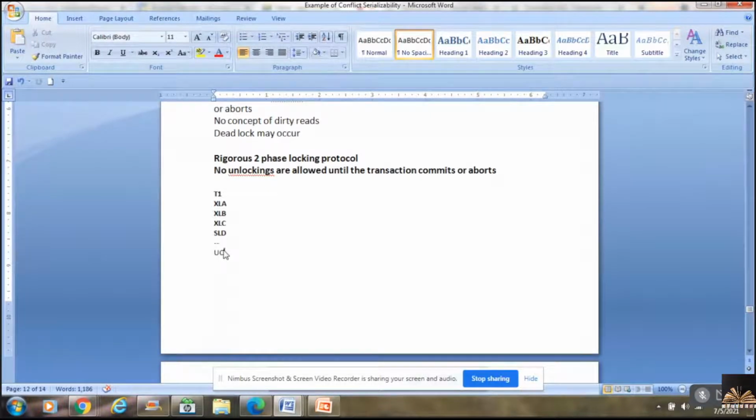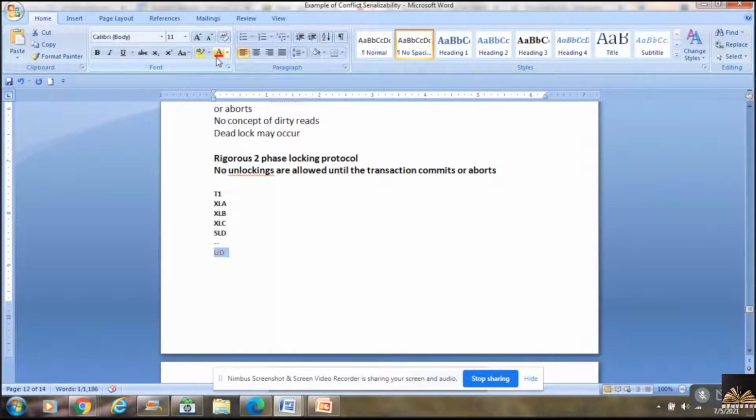So I have unlocked C, but I haven't unlocked D, and I haven't unlocked A, B, C. So this is a strict version. But whenever I'm talking about rigorous two-phase locking protocol, I can't even do this until the transaction commits. So I can purely maintain the concept of serializability.